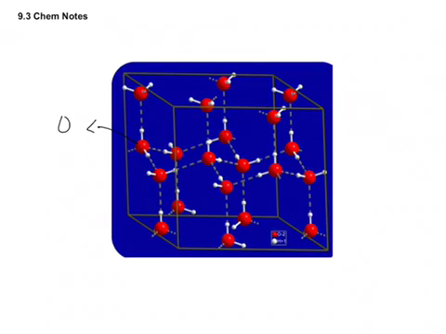So when we look at the structure of an ice cube, the red spheres are oxygen, and the little white ones are the hydrogens. And so we can see that these dashes right here represent the hydrogen bonds. And when water freezes, those hydrogen bonds get locked into place. And you can see that there's a gap.